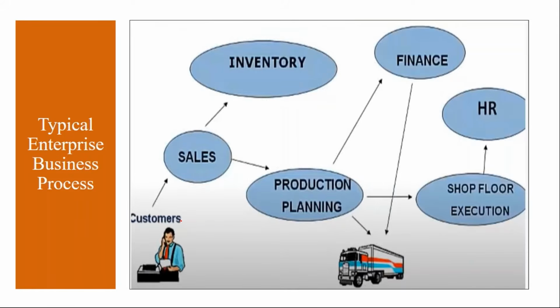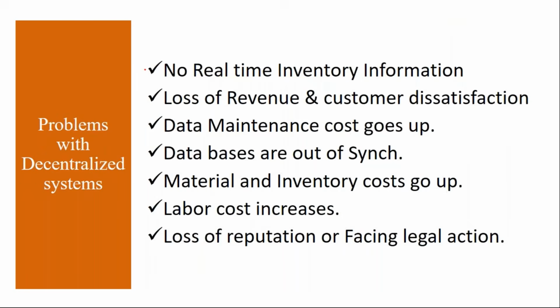Now we will understand a typical business process again with decentralized systems. Suppose again the customer approaches the sales department for a product, but this time he needs the product urgently. Now the sales department doesn't have access to the data of the inventory department. So the problem here is no real-time inventory information.